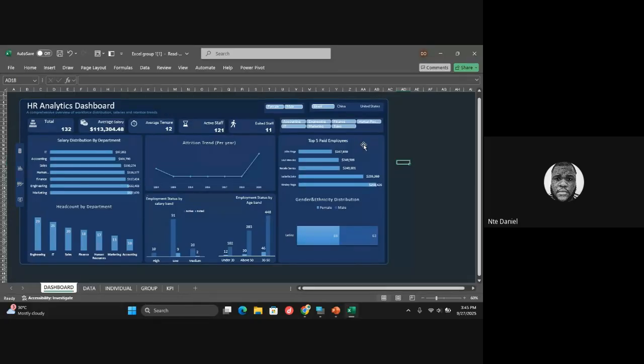Example, salary distribution by department. Okay, you can say, fine, which department earns the highest average salary, right? Or which department earns the highest based on the average salary. That would be a smaller line, but it also adds context.